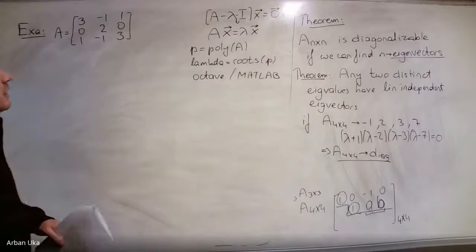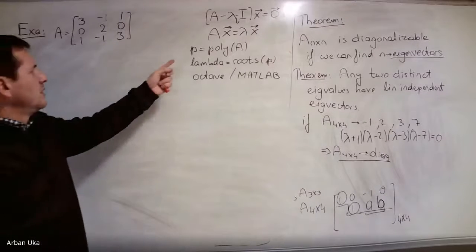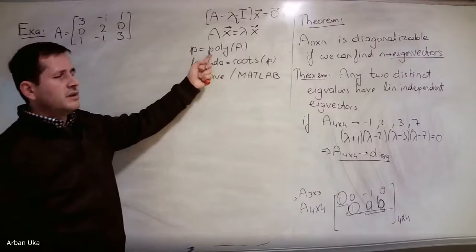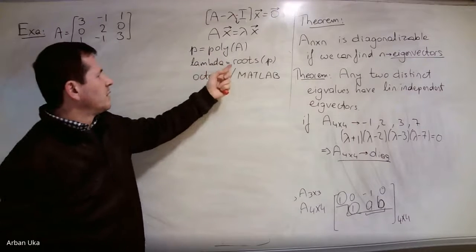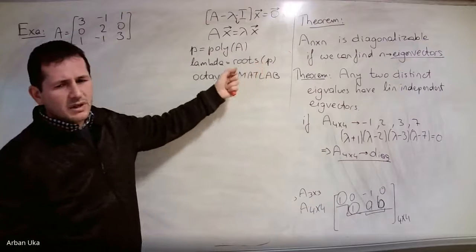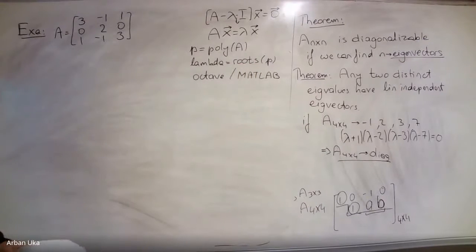If you enter the matrix A, you can find the characteristic polynomial using a simple command like poly, and then the eigenvalues, the lambda, will be the roots of this polynomial. You can try this, and we will demonstrate this later using the computer.